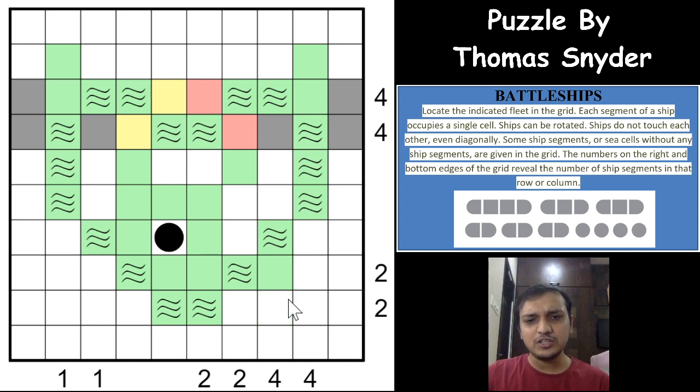Same way, this cannot be a ship segment. If this is a ship segment, the same scenario will appear here, which means that both of these cannot be ship segments now, right? And out of the 12 cells, we have eliminated 2 cells. That means 10 cells can be part of a ship segment. There are 10 white cells remaining, out of which 7 have to be part of ship segments, right? For the 2 columns here.